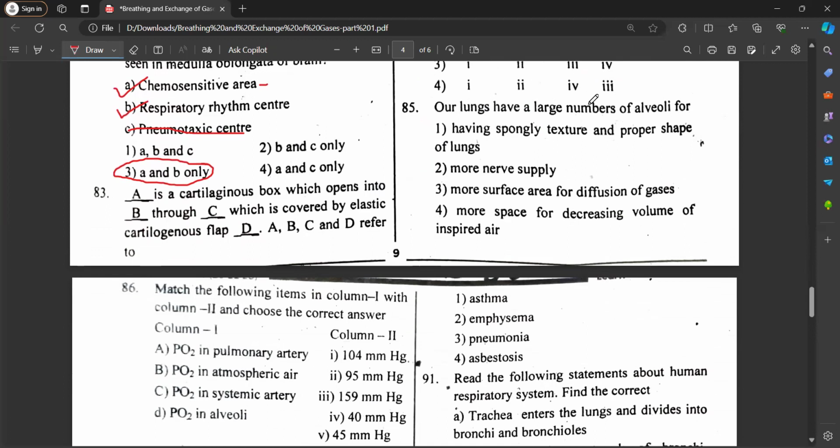Our lungs have a large number of alveoli for having spongy texture and proper shape of lungs, more nerve supply, more surface area for diffusion of gases, more space for decreasing volume of inspired air. So the option that fits here is more surface area for diffusion of gases.